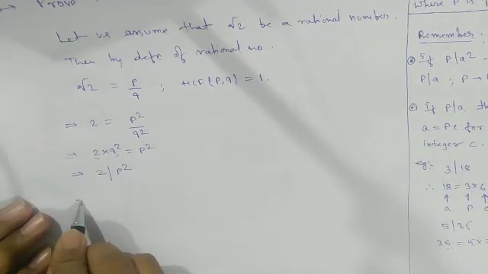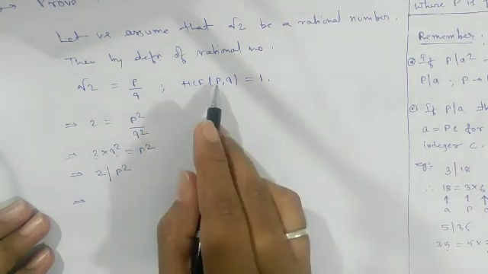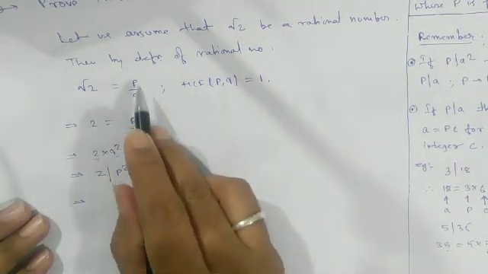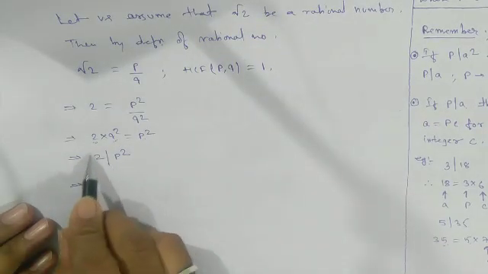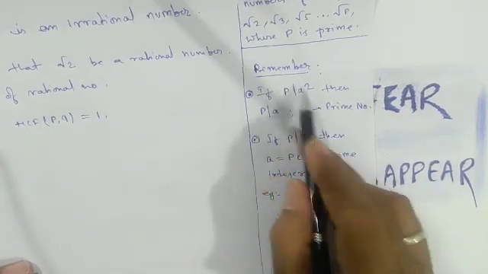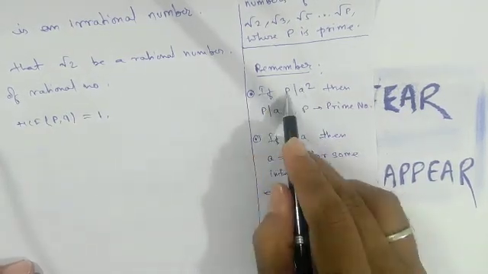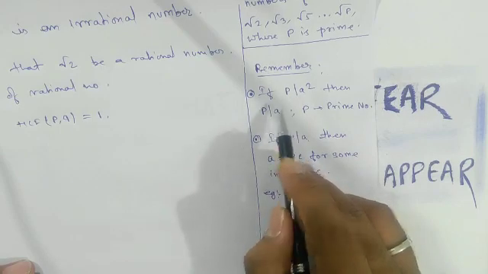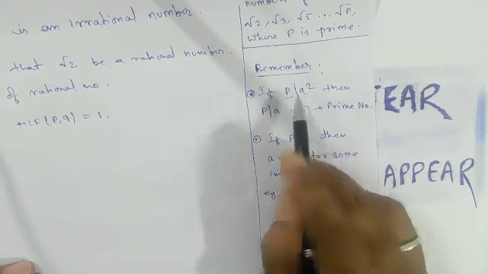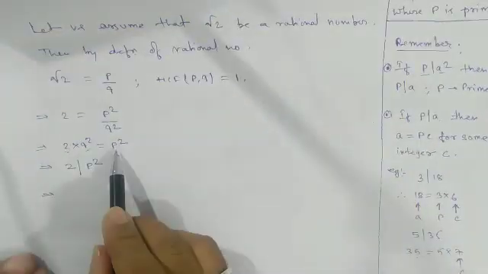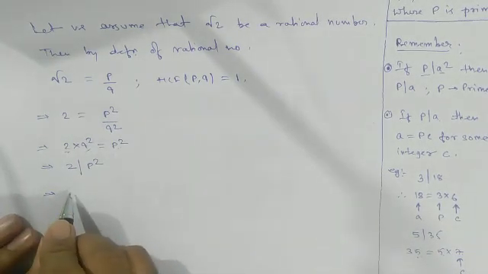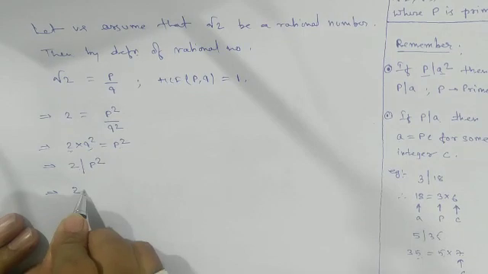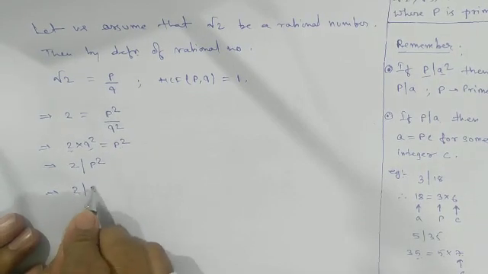Now p is an integer here, because by definition p and q are integers. And 2 is a prime number. Look at the theorem: if p divides a square, then p divides a, where p is a prime number and a is any number. Here 2 is the prime number. That means 2 divides p.